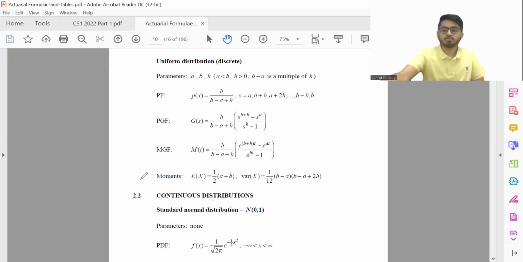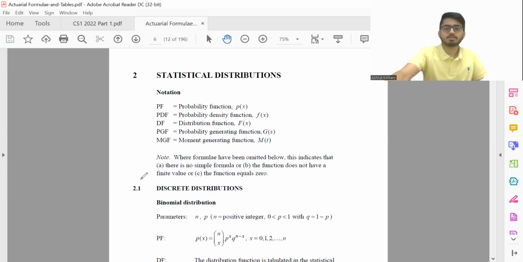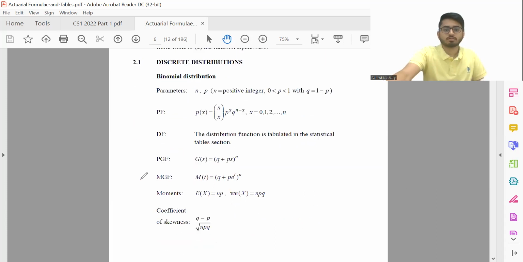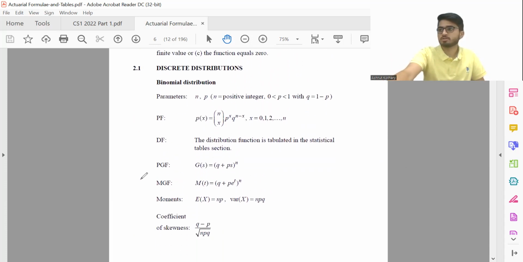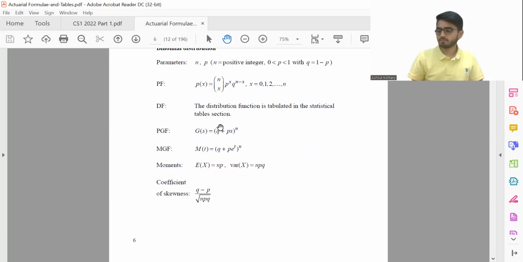So now if we take a look, starting from page number 6, we have first of all the binomial distribution. Again, just keep in mind, another way of writing nCx is the way they have written, nx in the same line, that's another way. Then you also have moments, variance, coefficient of skewness, and so on.